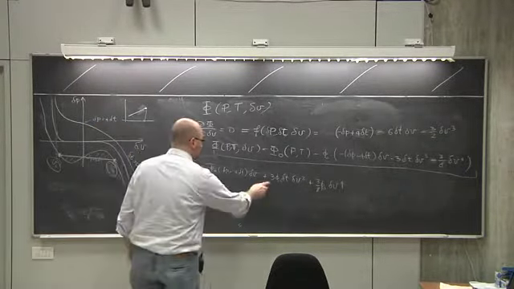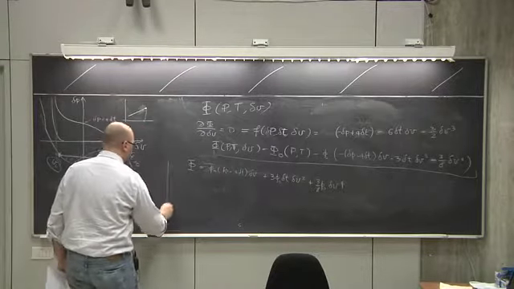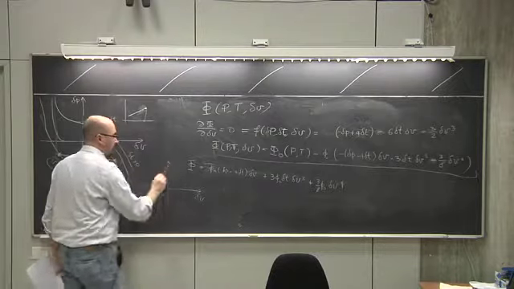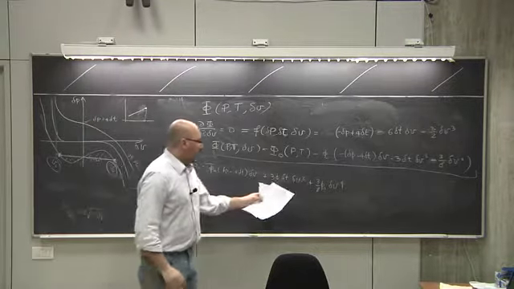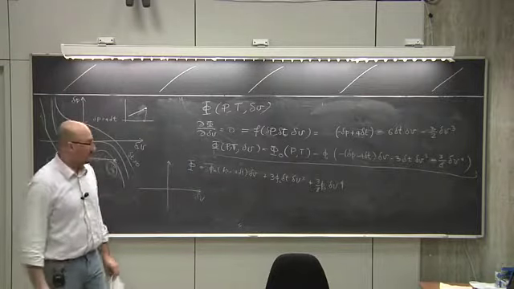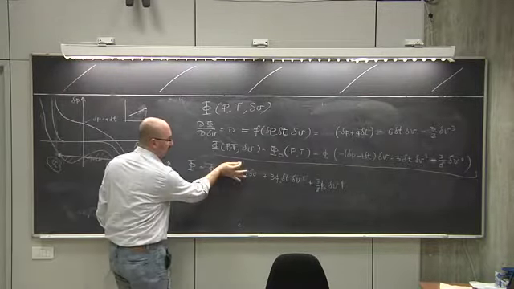So look at this function. We have to look at this function when delta V is small, right? If delta T is positive, forget for a second about this term here.